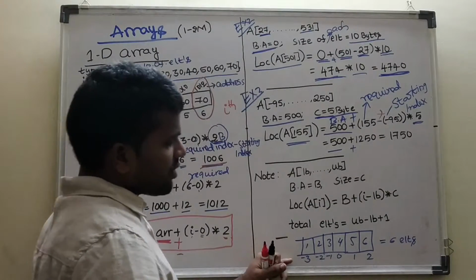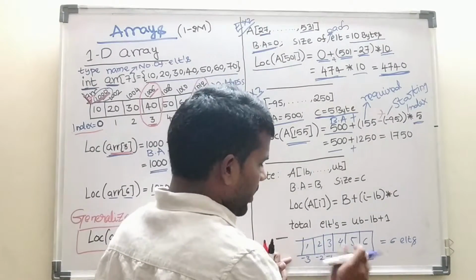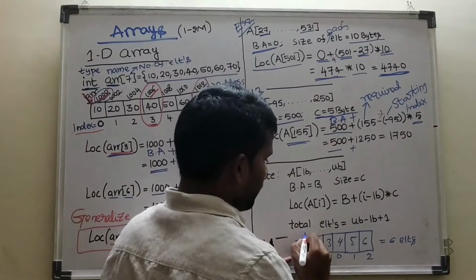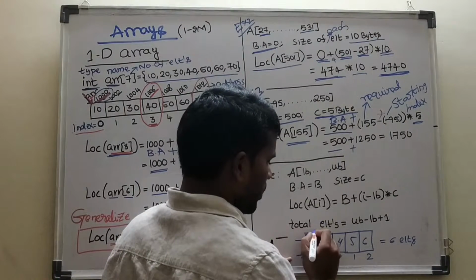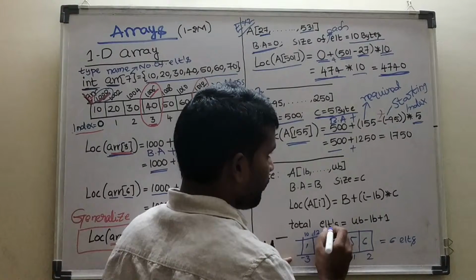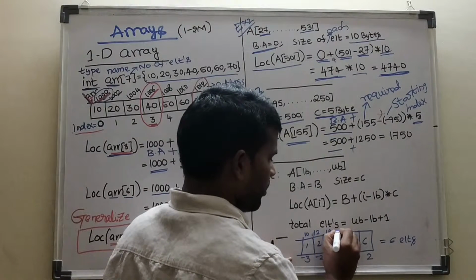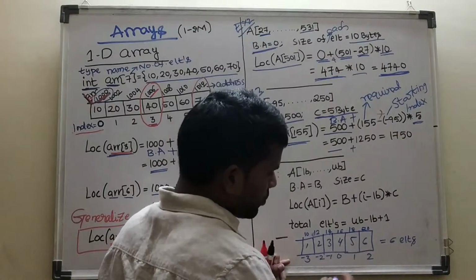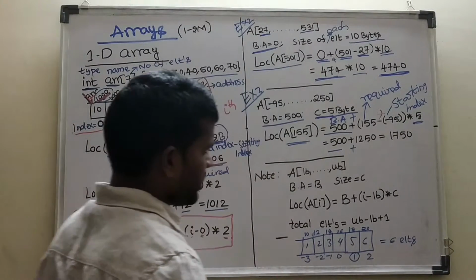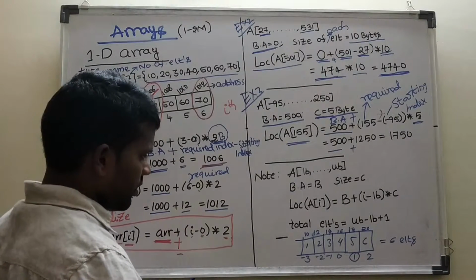But they ask you to find an element's location. Suppose the elements are 12, 14, 16, 18 and 20. So you have to find out this location. How do you find that location? We will see here.